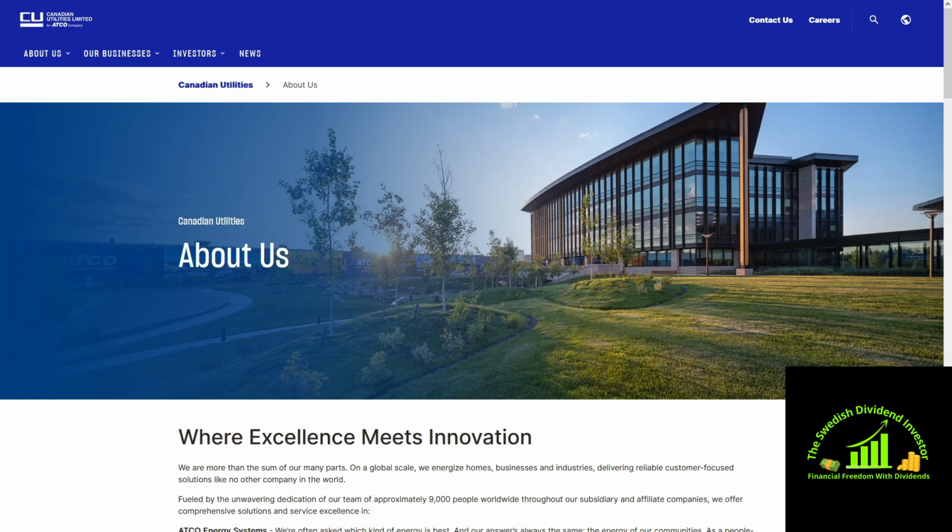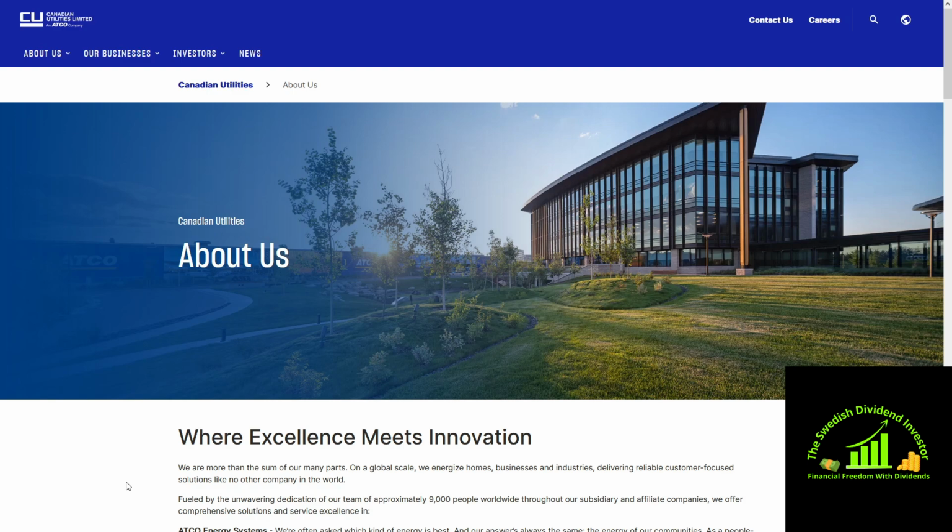It serves residential, commercial and industrial customers, and it's known for its commitment to sustainability, innovation, and reliability in delivering these critical services across Canada and internationally. Canadian Utilities is part of the ATCO group. So, we're going to dive right into the numbers.